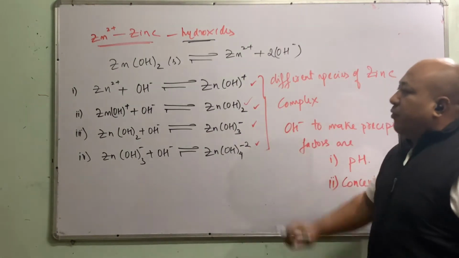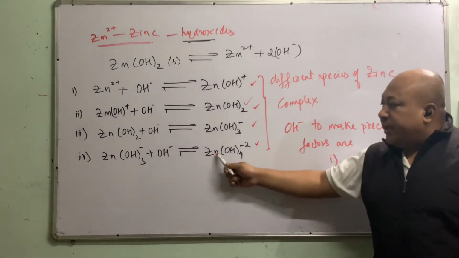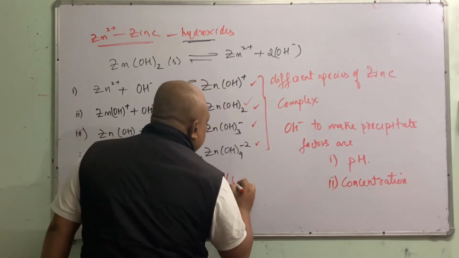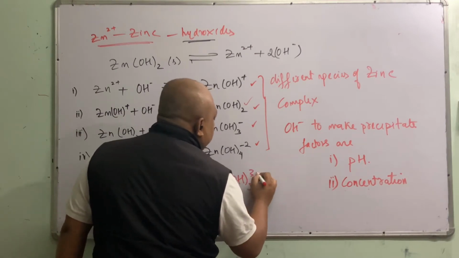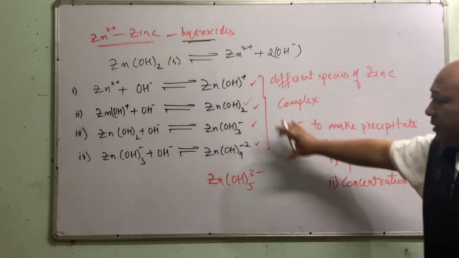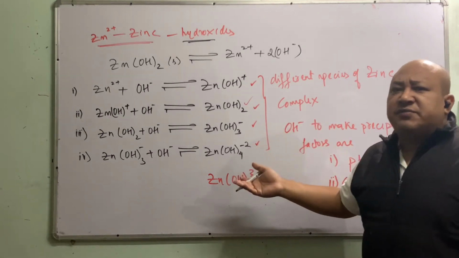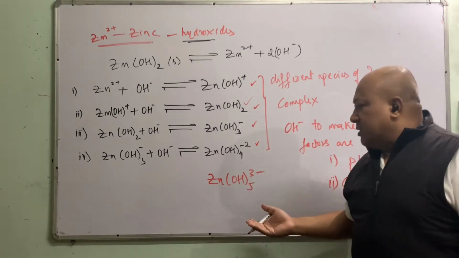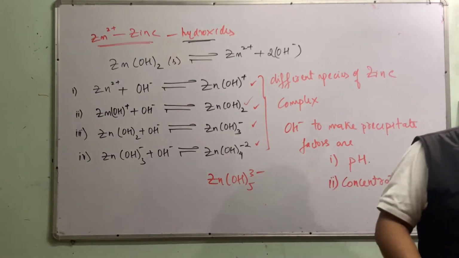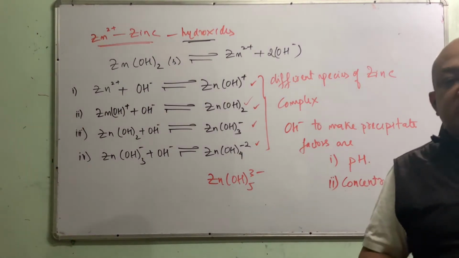So these are the four. Next point, you may ask me, sir, what about Zn(OH)5 3 minus? It is that till here it has been learned by the scientists who discovered it. In the future, if more are discovered, many may come. Another point is that higher complex formations are very insignificant, because there is a topic called the solubility product, which you have learned in class 11 and 12.